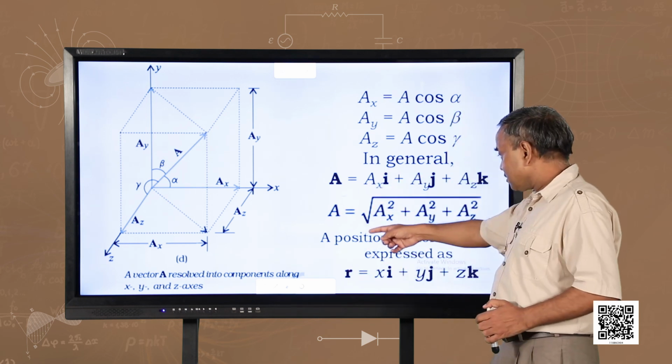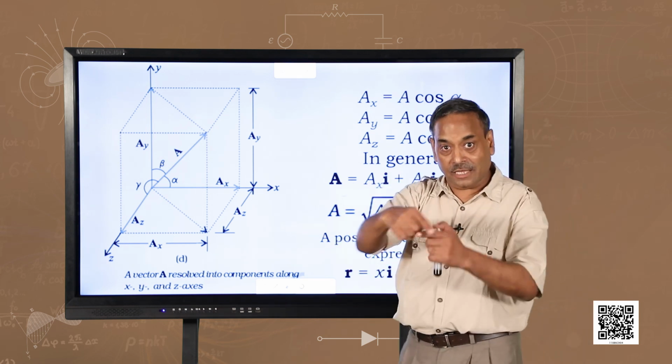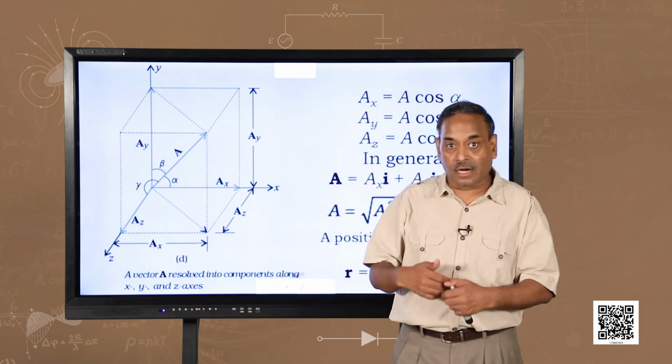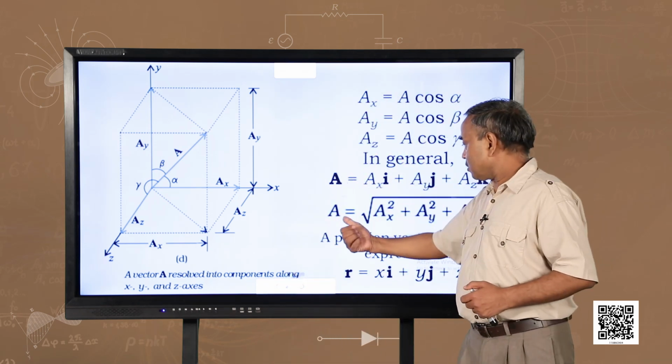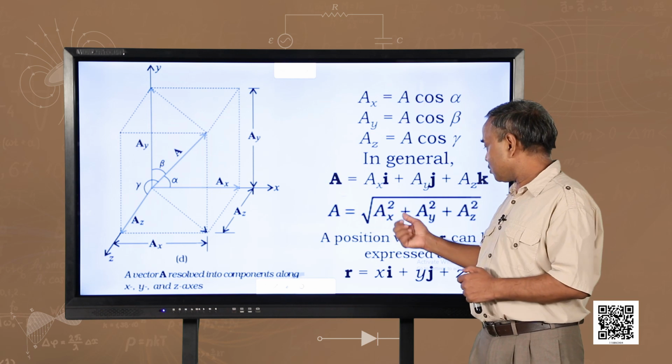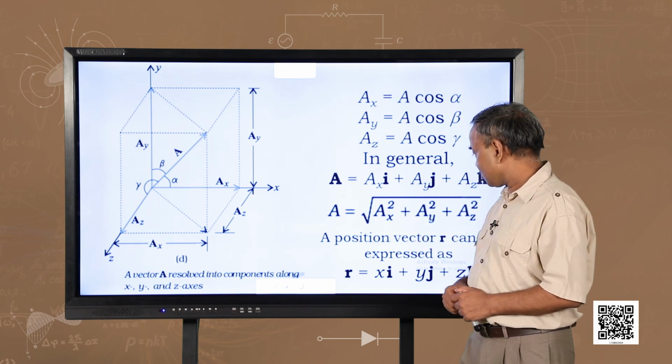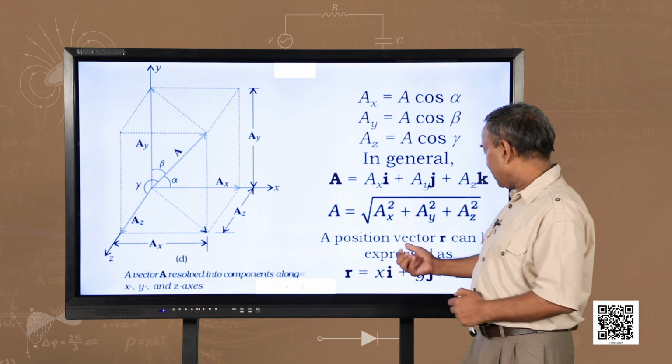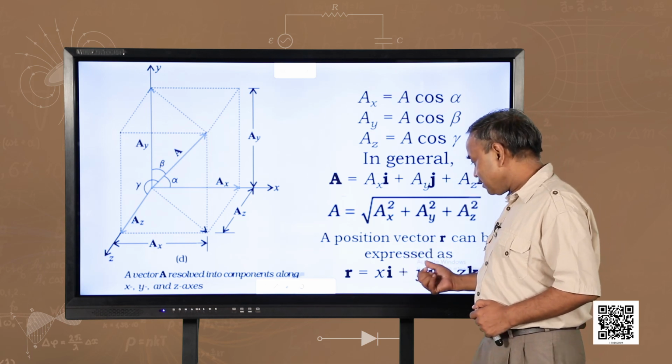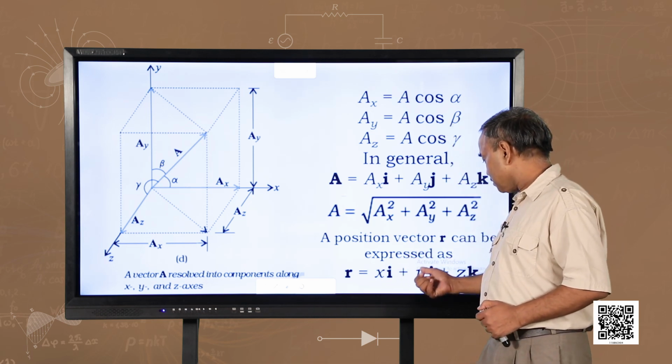And if you do all the vector algebra which I did last time in the case of the plane, you will get the magnitude of A is equal to the square root of Ax square plus Ay square plus Az square.